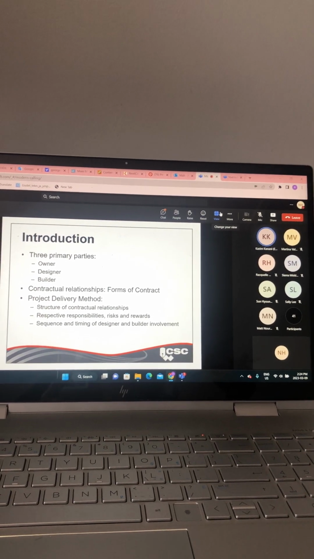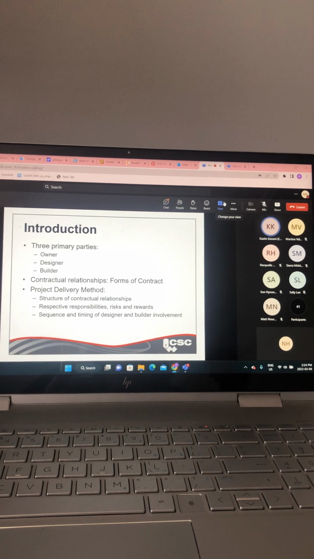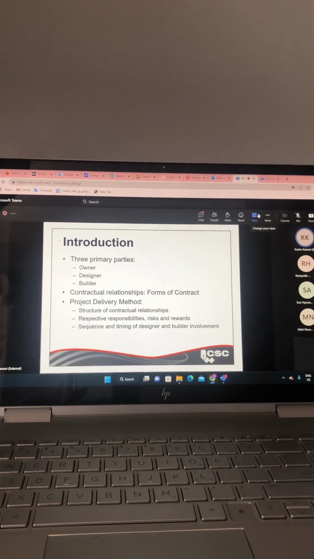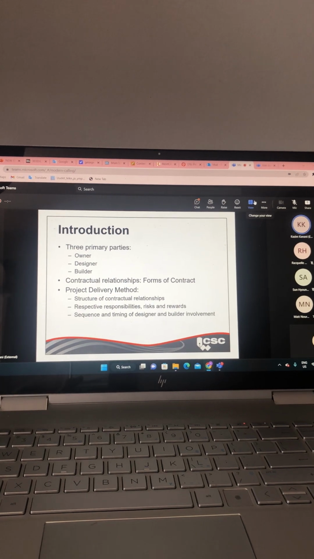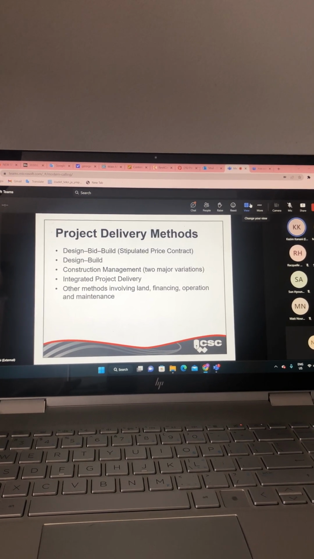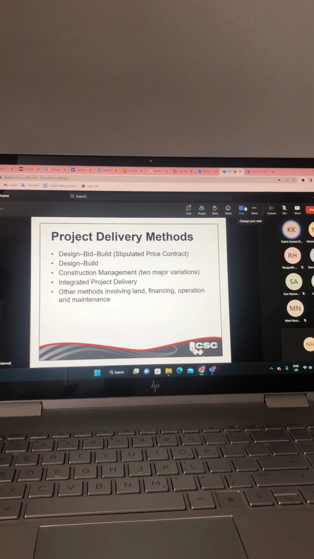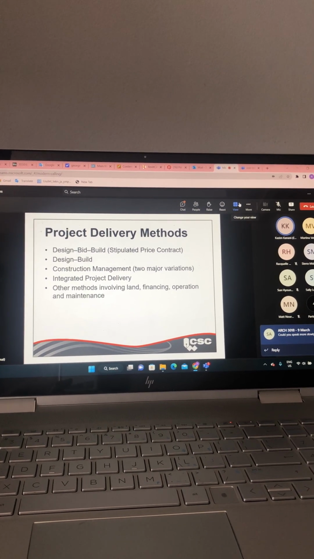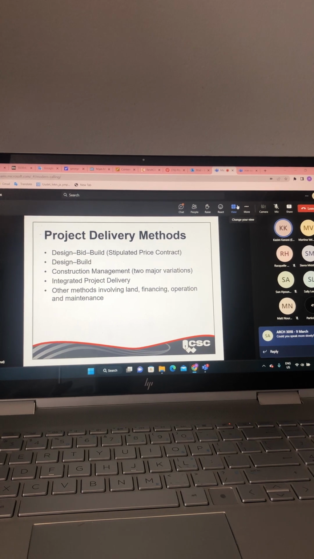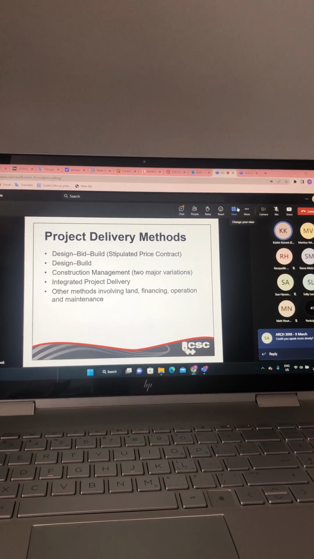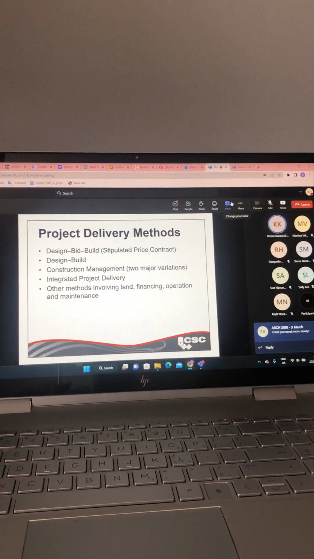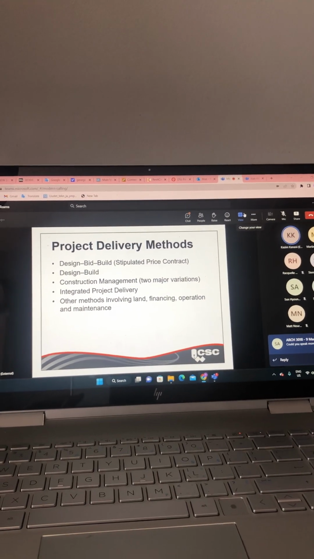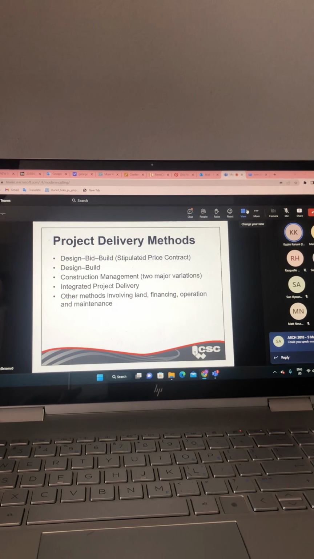Each project delivery method has its own advantages as well as disadvantages, and this afternoon I plan on going through some of the advantages and disadvantages with you. So, the project delivery methods that we're going to discuss this afternoon include design, bid, build, also known as DBB, which is the stipulated price contract, okay? And we're also going to talk about design build, DB, or CM, construction management.